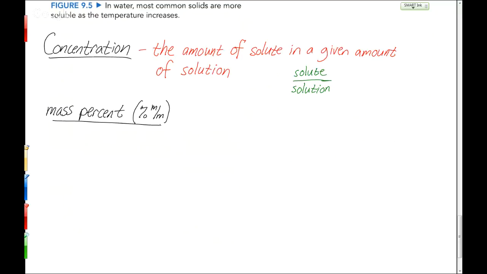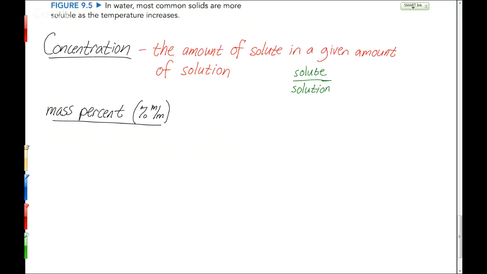We're going to focus on this one, but the other ones are percent V over V, which is percent by volume. That's like how much alcohol is in something would be measured. And there's also mass by volume, which is how much mass in a certain amount of volume. It's a different calculation. So you've got percent by mass, percent by volume, and percent mass by volume. We're not going to really look at those second two, but it is important to know what you're looking at when you look up concentration.